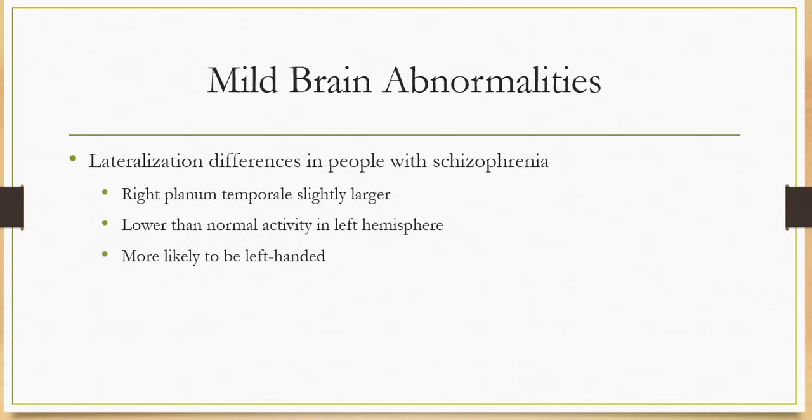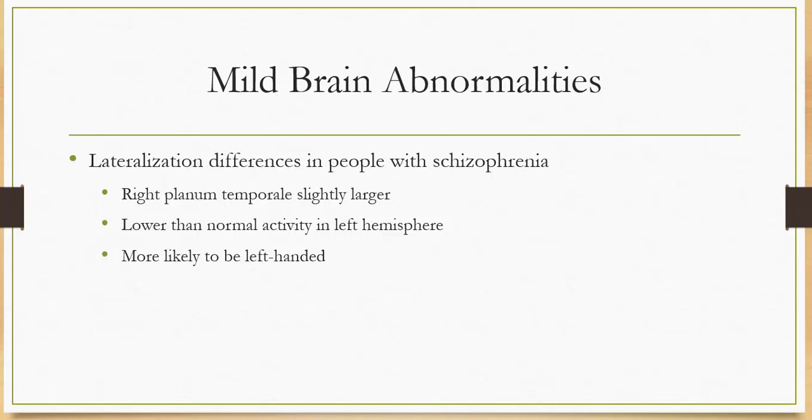So there's also lateralization differences in people with schizophrenia. When we learned about normal right-handers, we know that the left planum temporale was usually slightly larger in most people. But you find in schizophrenics that their right planum temporale is slightly larger. And as you know, a hallmark of schizophrenia is hearing things, auditory hallucinations.